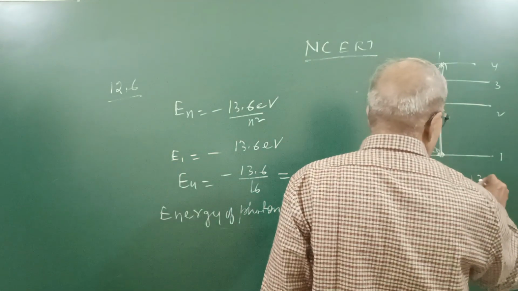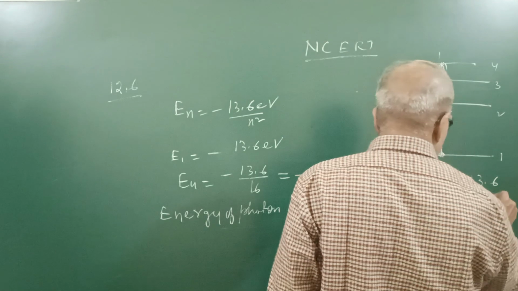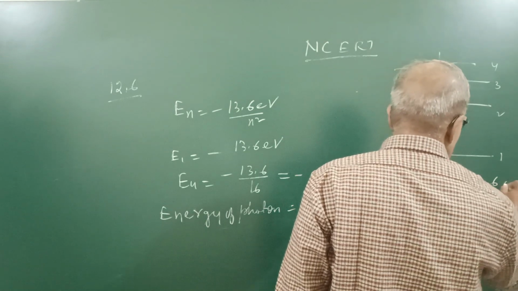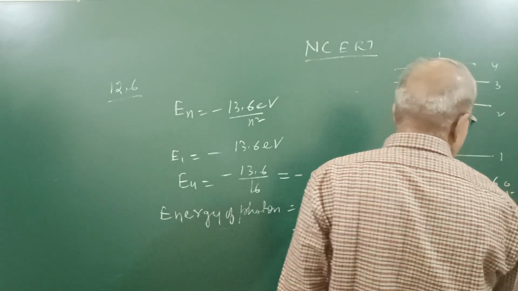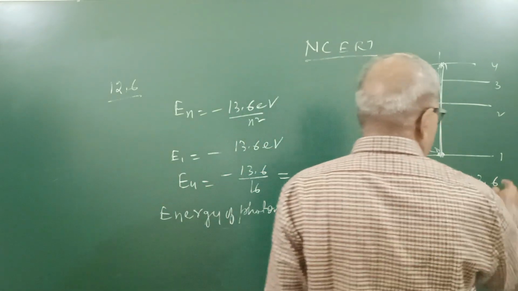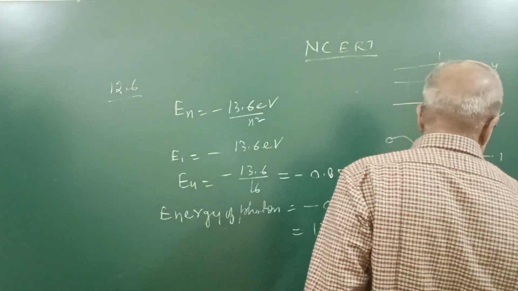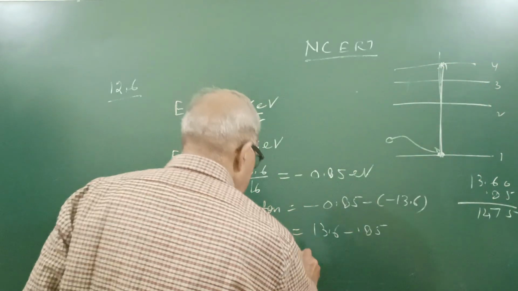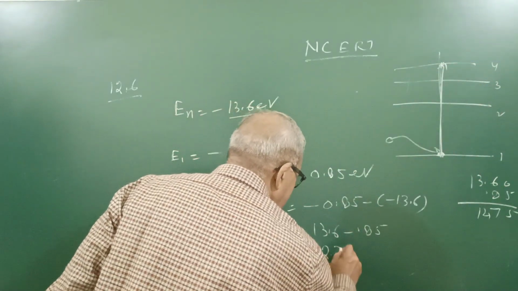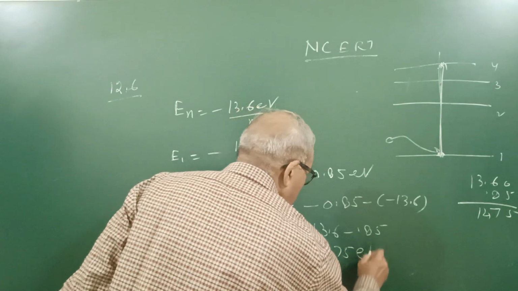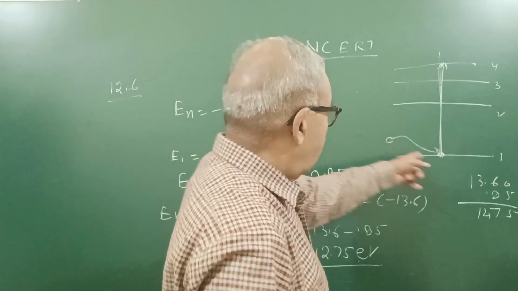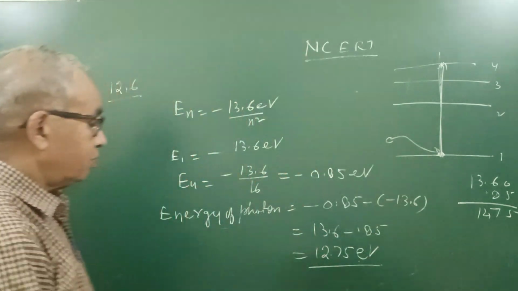Subtract this: 13.6 minus 0.85 is 12.75 electron volt was the energy of this photon.